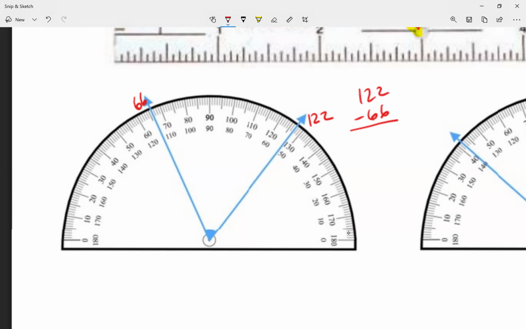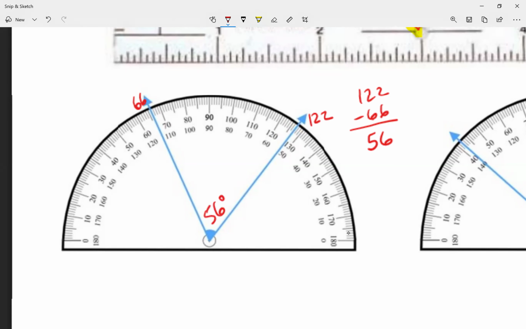Now, which one do I subtract? Is it 122 minus 66 or is it 66 minus 122? We want to deal with positives only, so it's the big number minus the small number. So 122 minus 66. Now, my answer here will be 56. This angle here happens to be 56 degrees.